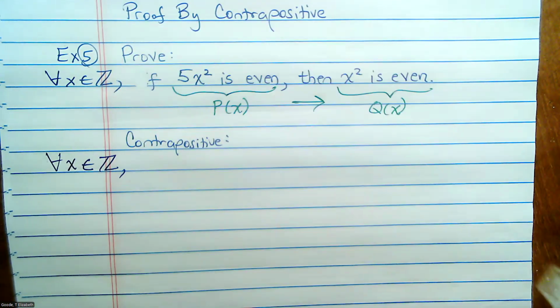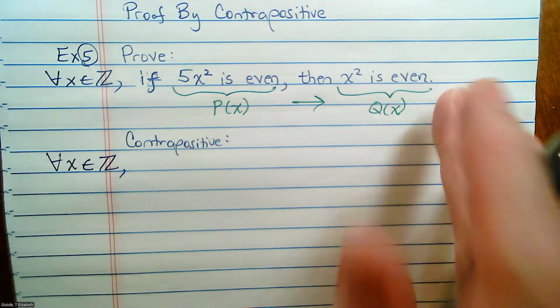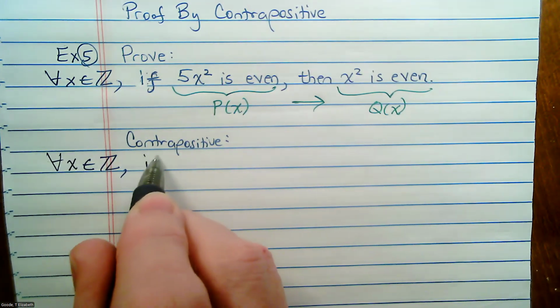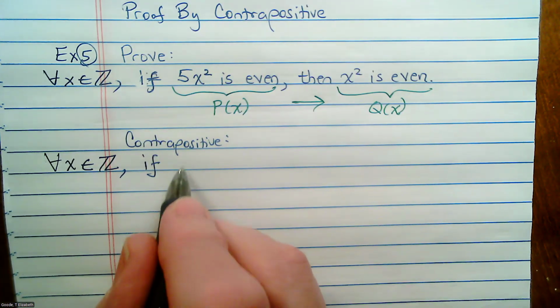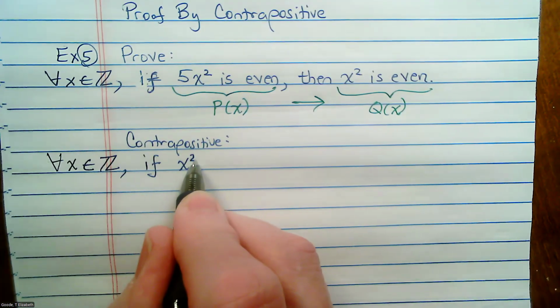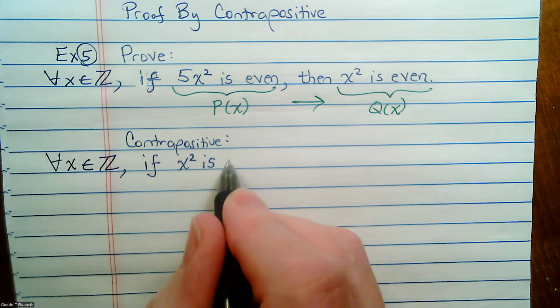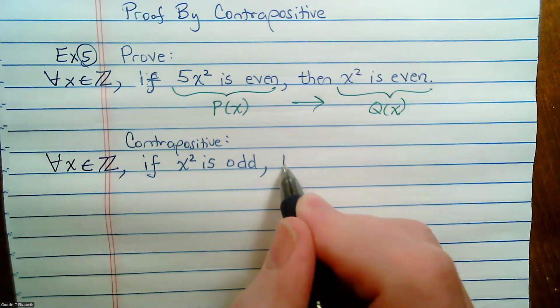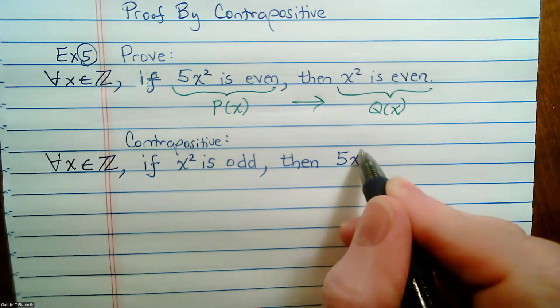Okay, so can you tell me what the contrapositive of this is? I know it's supposed to be not Q of x, then not P of x. Good. If x squared is odd, then 5x squared is odd.